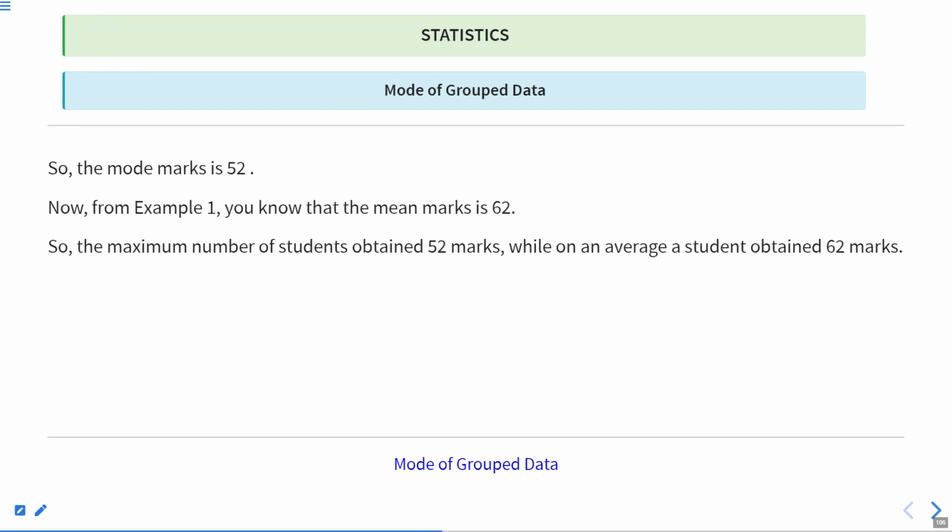So the mode marks is 52. From example 1 you know that the mean marks is 62. So the maximum number of students obtained 52 marks, while on average a student obtains 62 marks.